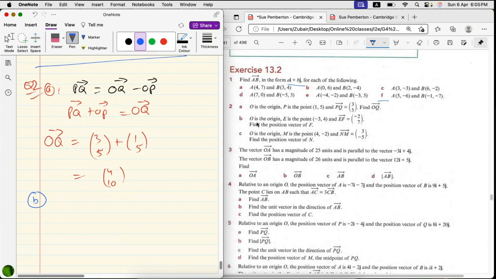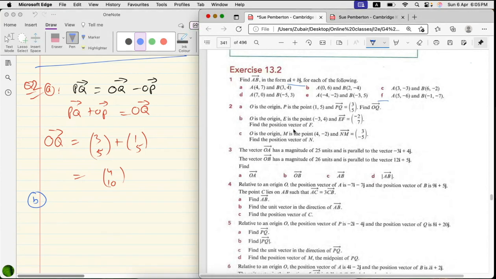B part. O is the origin, E is the point, and EF is this. Find the position vector of F. Try this.